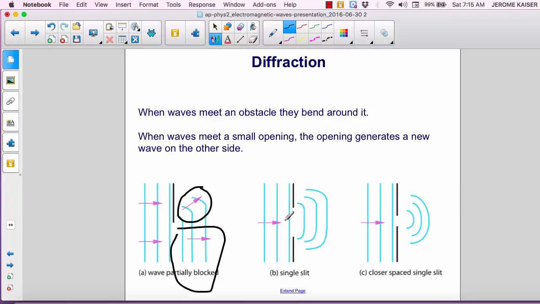In the second case, we have a gap in this wall, and again we can see that there's a new wave generated. Again, you can see the curvature at the top and at the bottom moving to the right, and a fairly flat wavefront. In the third case, we're shrinking the gap in the wall, and what we see here is a new wavefront that is mostly curved.